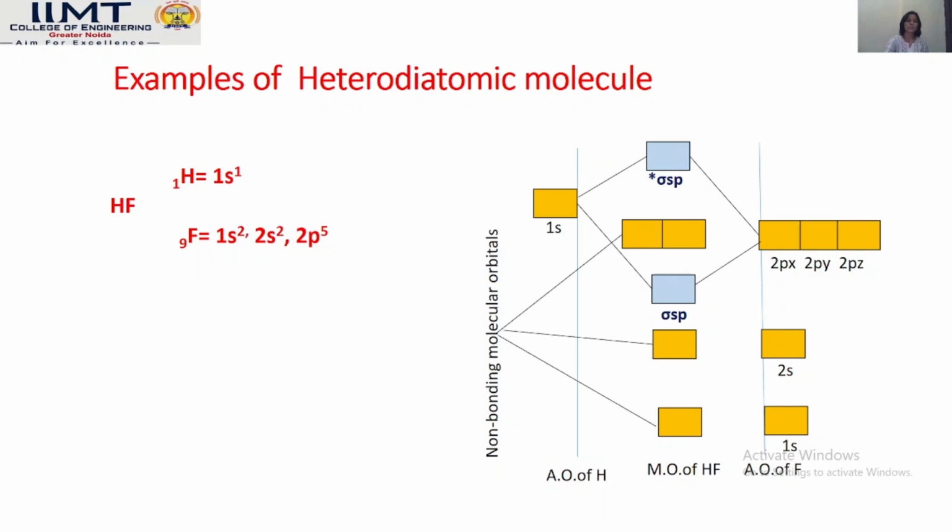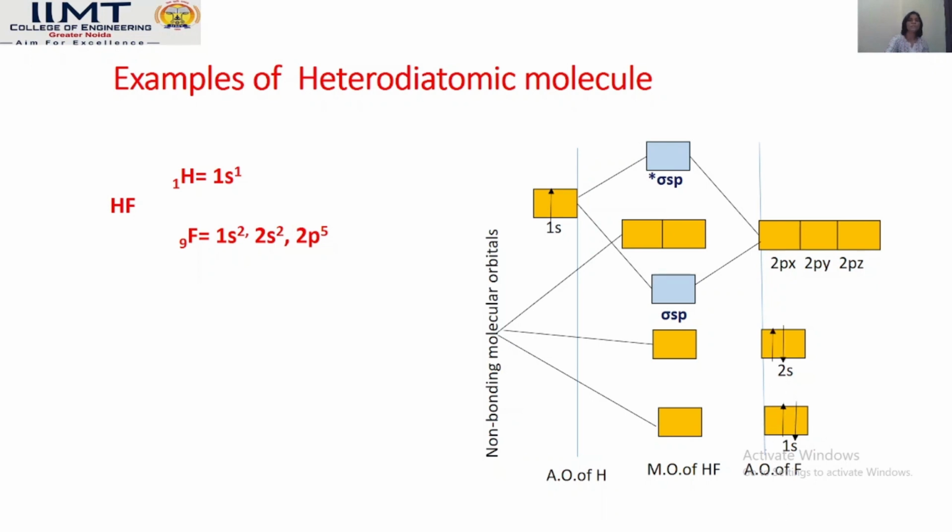Now, electrons are going to be filled in the atomic orbital of hydrogen. It contains 1 electron. Now, electrons are going to be filled in the atomic orbitals of fluorine: in 1s, 2 electrons, and in 2s, 2 electrons.